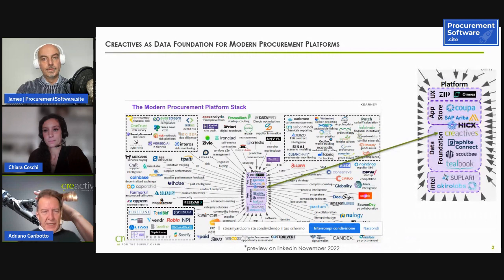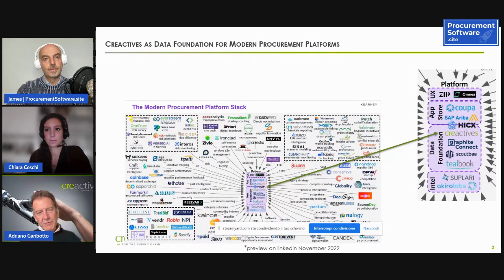So the point is that whatever your pain is, whatever system you choose in your journey of digitization of your procurement, whether best of breed or platform, the enabler factor for success is the data that you feed in, and the results that you get from those platforms and applications will be directly linked with the quality of the data.